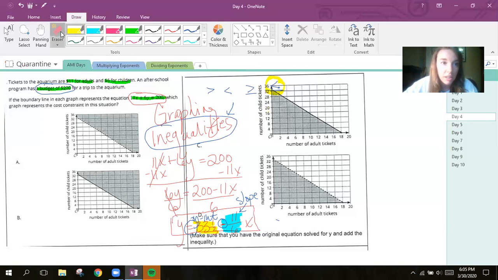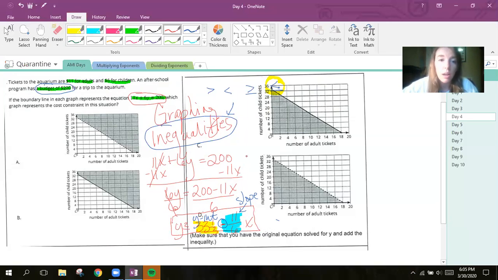So I'm going to go back down here to my equation, and I'm going to erase my equal sign, and write in y is less than or equal to. So whatever amount it is has to be less than or equal to that 200.